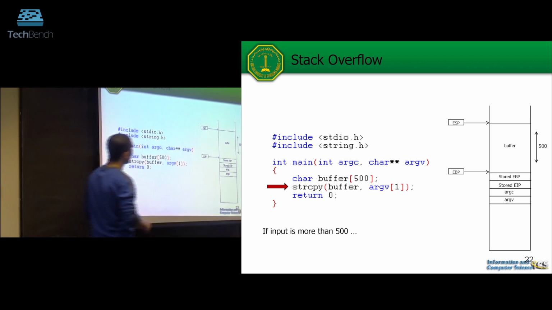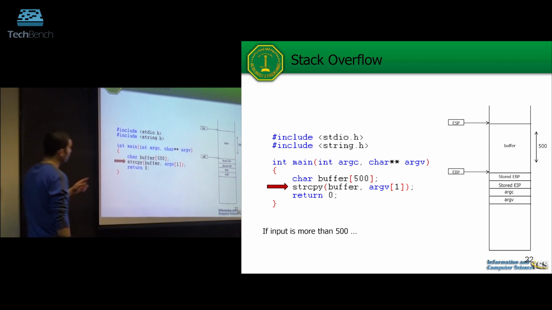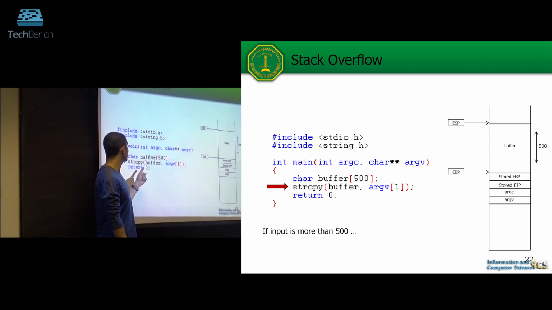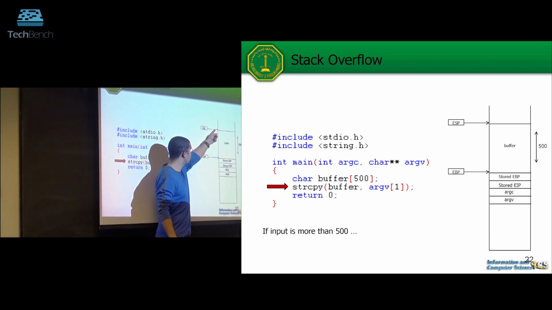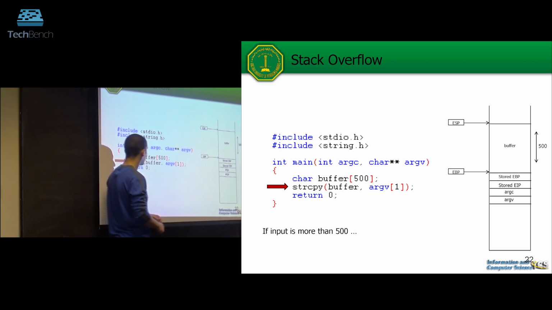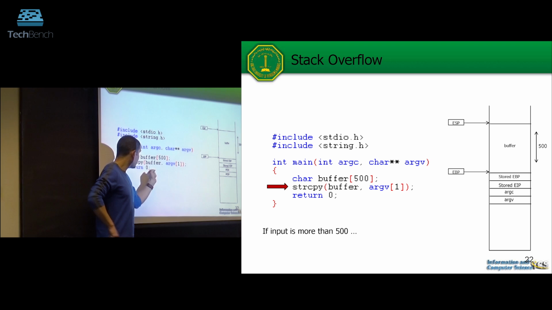Here is an example of a vulnerable program. It declares an array of size 100 that will be allocated on the stack, and then we copy argv into buffer, and argv is the user input. So we take the user input and put it into buffer.